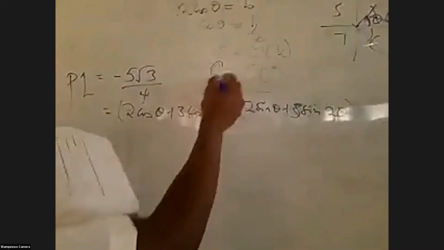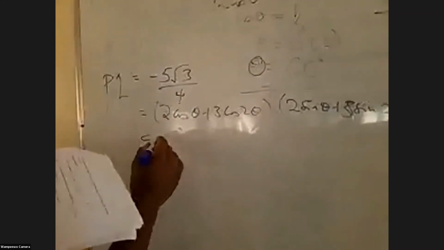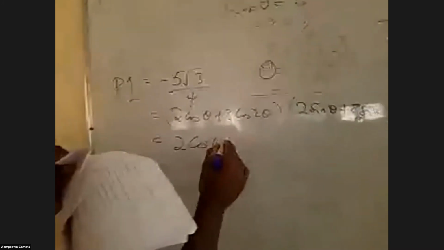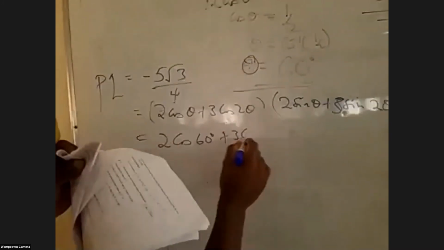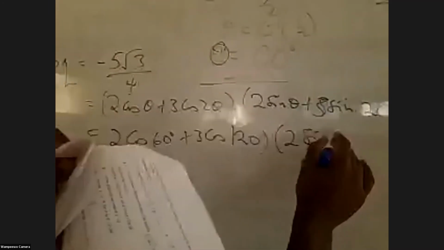I've got my theta from part 2 as 60 degrees, so I'm going to substitute into this. I'll have 2 cos 60 degrees plus 3 cos 120, into 2 sin 60 plus 3 sin 120.